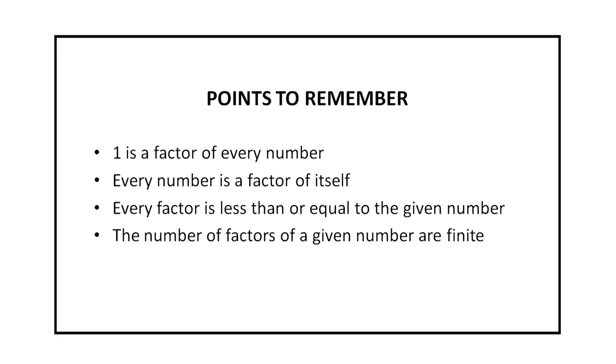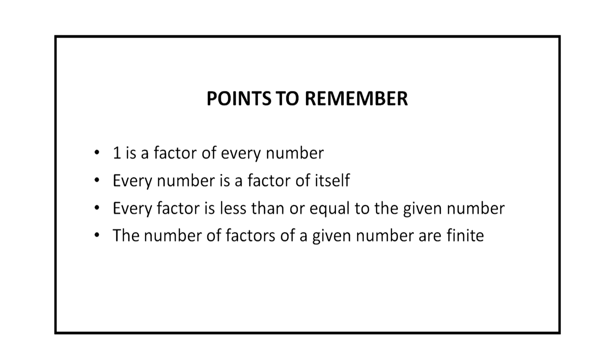Points to remember. Before dealing with the topic, we need to remember a few points which will be helpful in learning the topic factors and multiples. As we all know, 1 is a factor of every number. If we take each and every number starting from 1, we can see that 1 is a factor of every number.